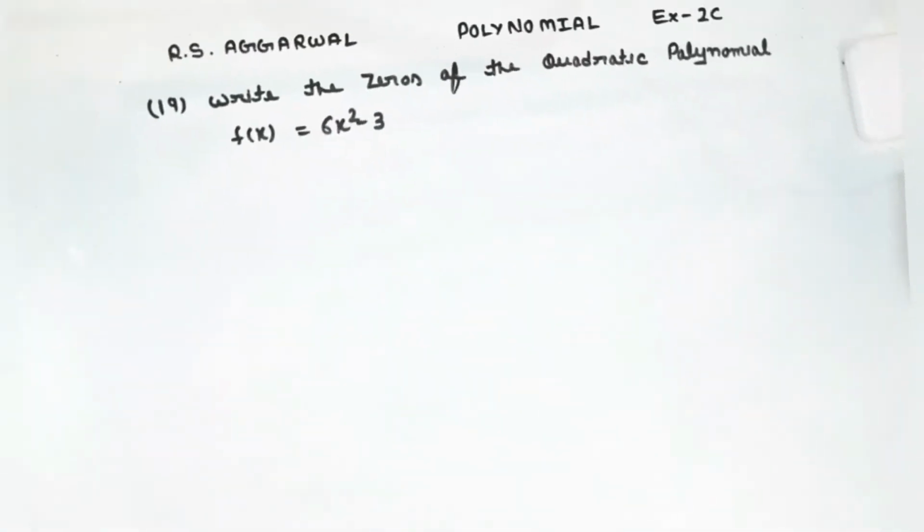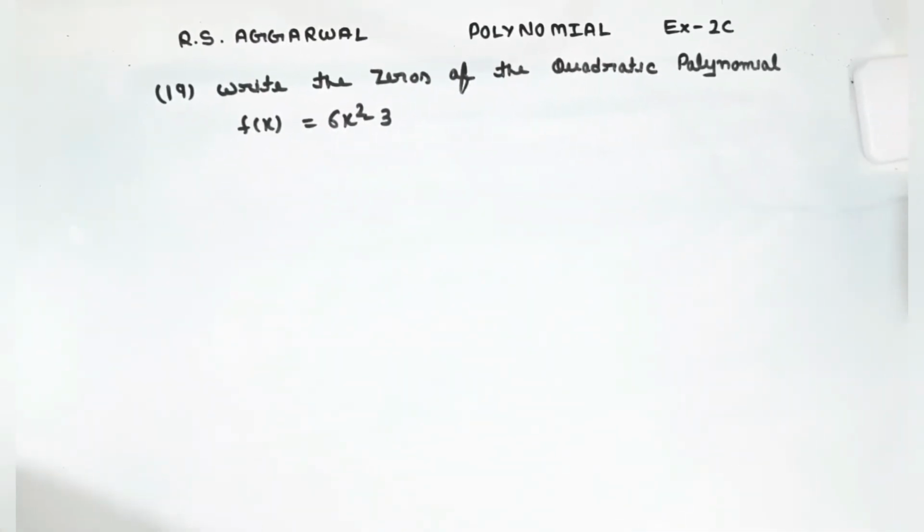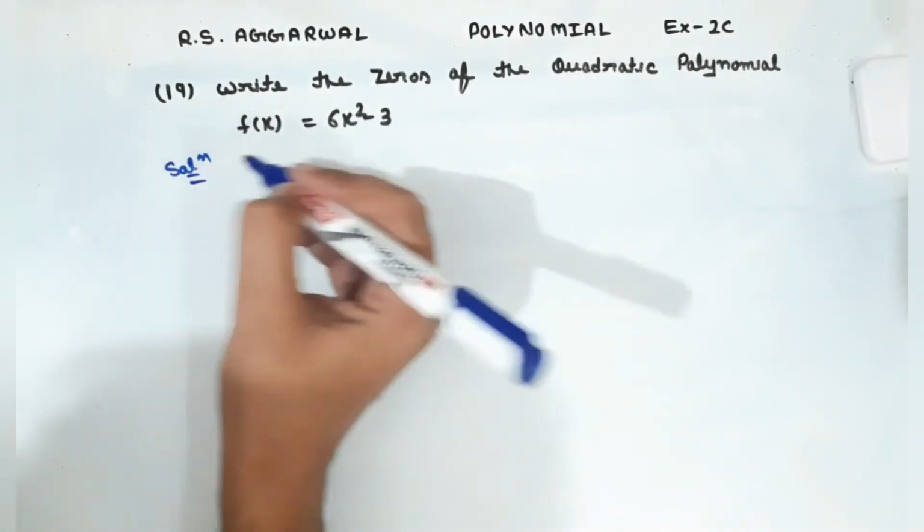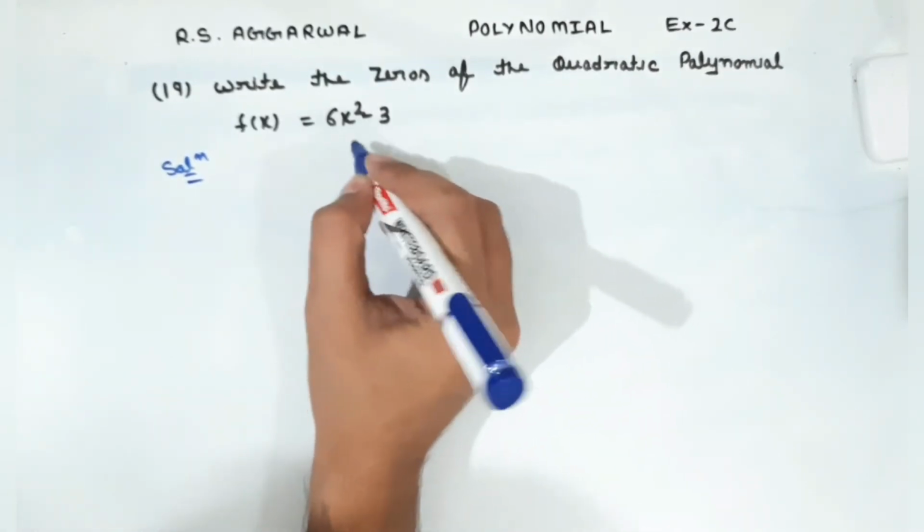R.S. Agrawal chapter polynomial exercise 2C, question number 19. In question number 19, write the zeros of the quadratic polynomial f(x) equals 6x square minus 3. In this problem, we have to find the zeros of the given polynomial.